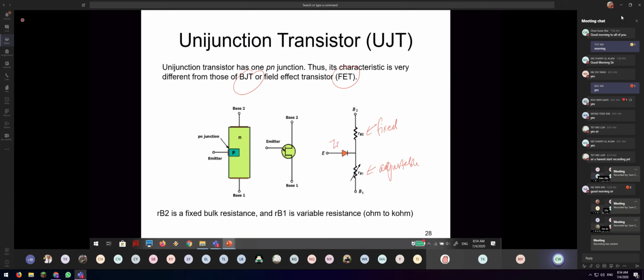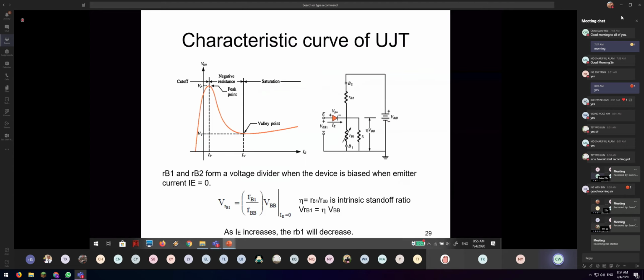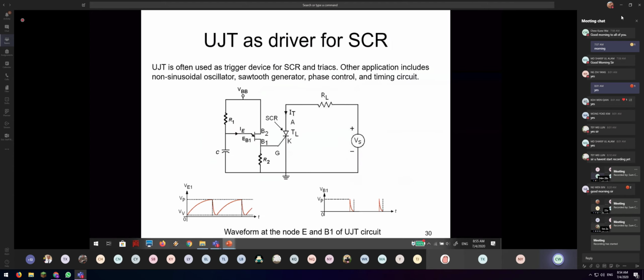So this is the IE, the emitter current. What happens is that it will be able to generate this kind of pulse, which you can see from your lab, right? Normally the UJT is used to generate a pulse to drive other circuits, for example the pulse to drive the SCR.